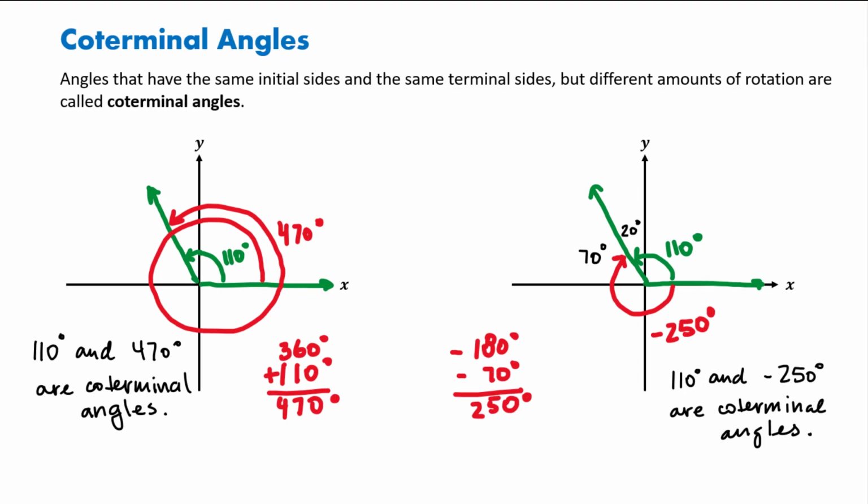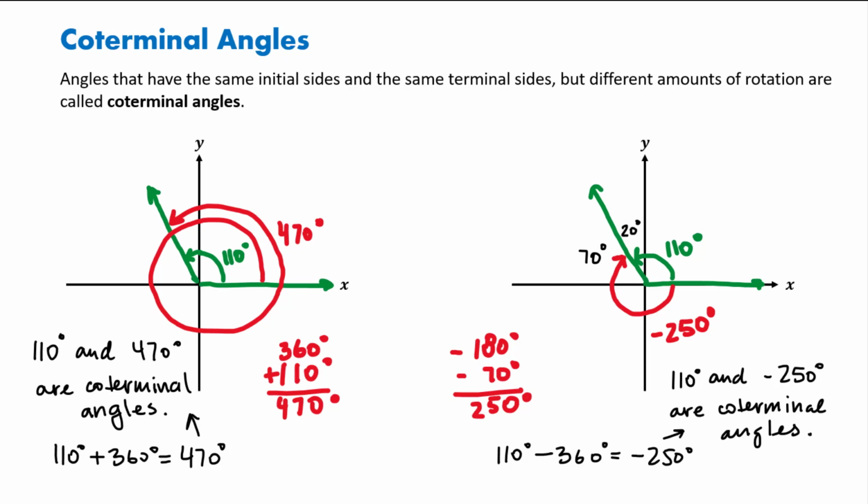And now look at that. Well, if I take 110 and add 360, I get 470, which is a coterminal angle, right? We already figured it out. And if I keep adding 360, I will be getting more and more coterminal angles. Or if I take 110 and subtract 360, I'm going to get negative 250, which is a coterminal angle.